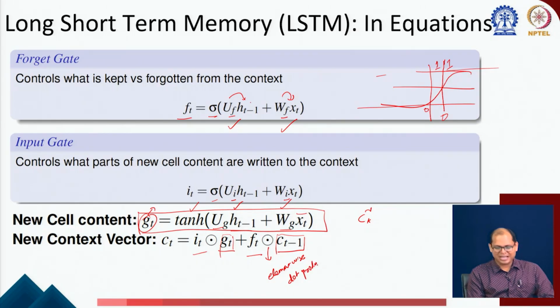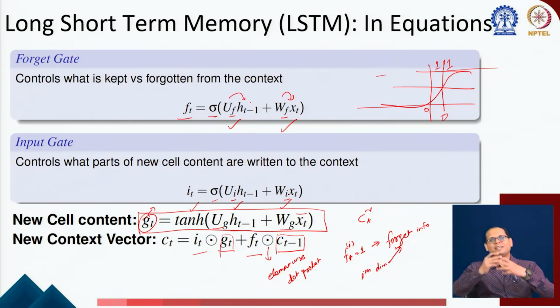So, idea is that if FT is 1, that means you forget that information in that dimension. It is very important in that dimension, because FT is not a singular value, it is a vector. So, if FT I is 1, in ith dimension it is 1, that means in ith dimension you forget the information, but there are other dimensions also.